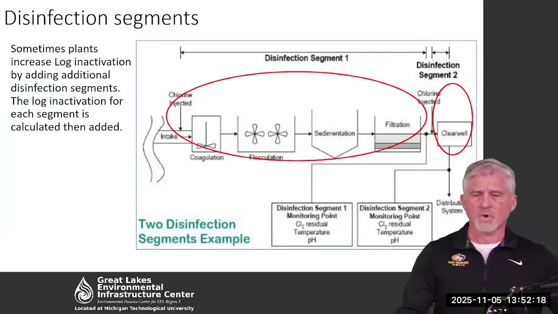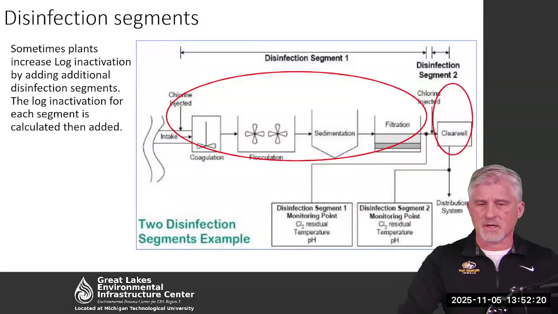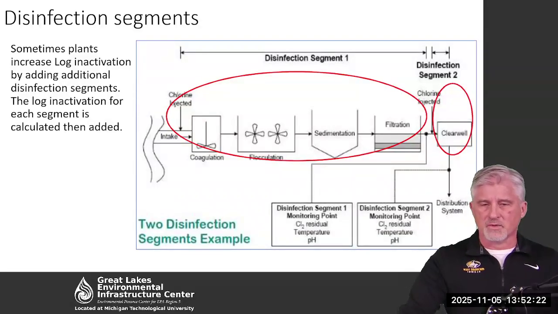Now, one of the things that we may encounter is that there will be plants out there that chlorinate in a couple of different spots. We look at this example and they're chlorinating prior to the treatment train.